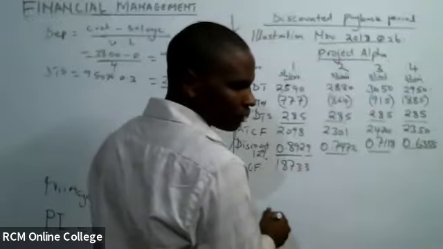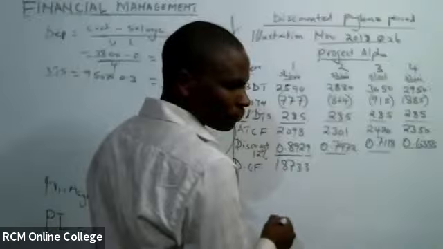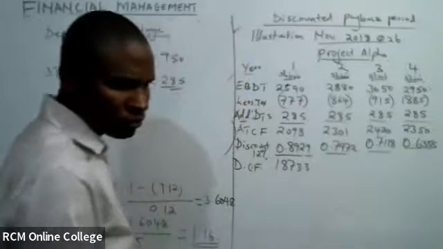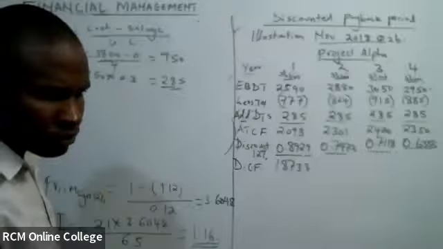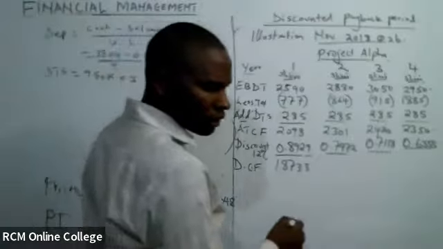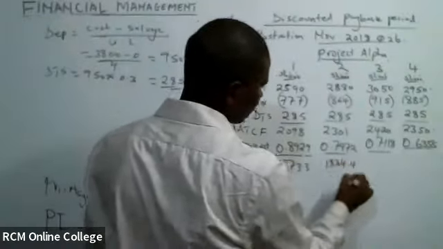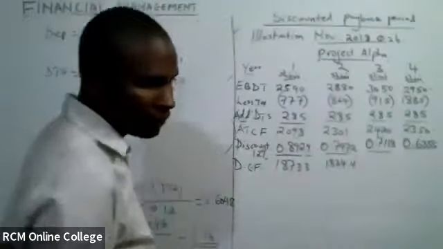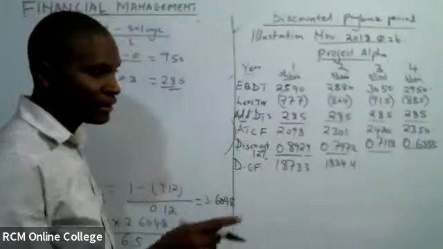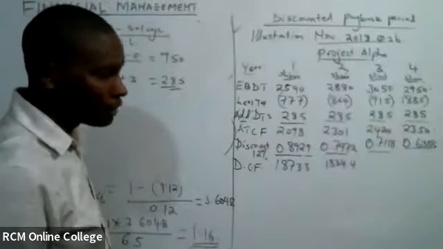The next one is 1834.4. Then year 3. And remember, what you do under that chat box means a lot.